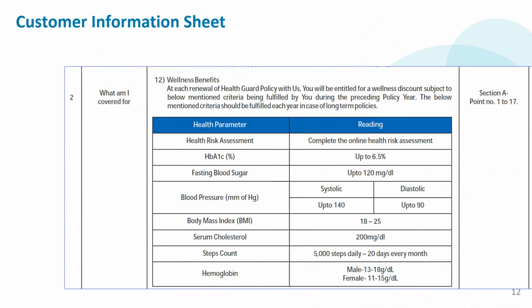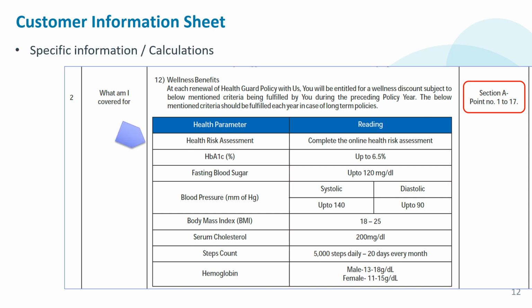So here you can see it is talking about the wellness benefit, and they have referred to section A of the policy document and paragraphs or bullet numbers 1 to 17. Sometimes the customer information sheet will also contain some specific information or calculation or tables or some limits saying that it should be within these parameters for being eligible to get this benefit and so on.